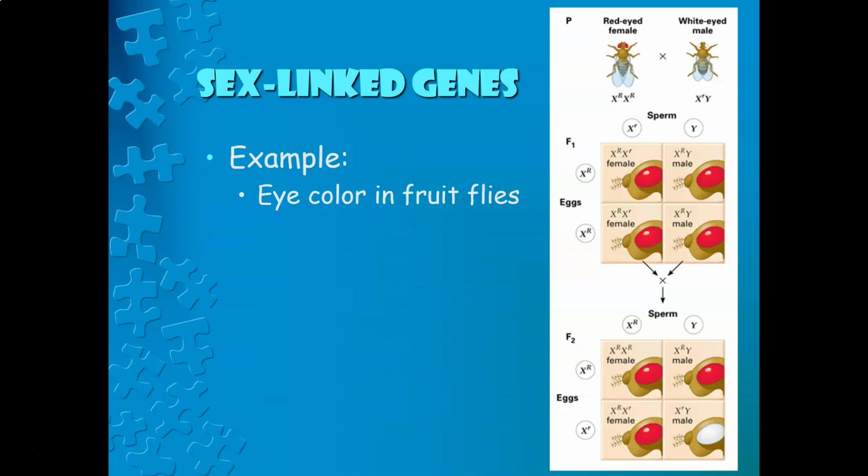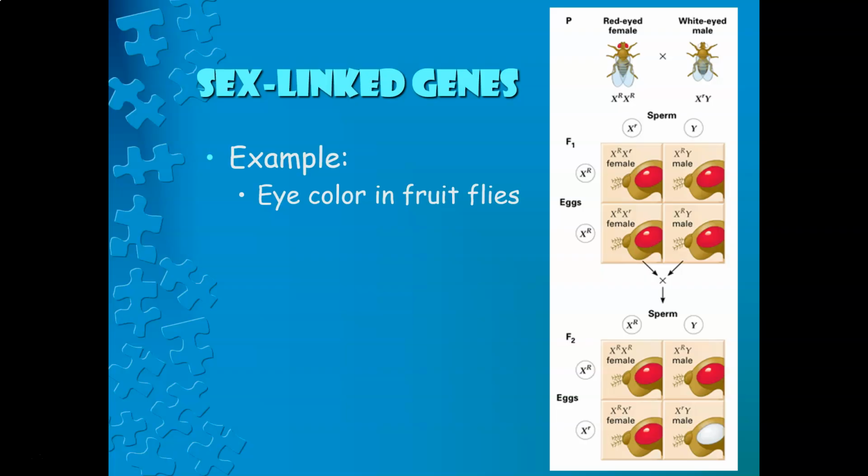And so he was crossing fruit flies, purebred reds in his females, purebred whites in his males, mated them together, got that F1 generation. Nothing looked unusual. They were all red as he would have expected. What became interesting, though, was when he took those heterozygotes or those F1 individuals and mated them together, he saw something interesting in his F2.